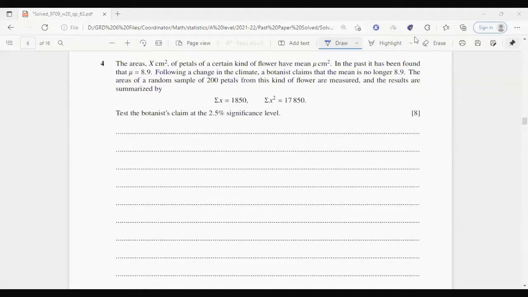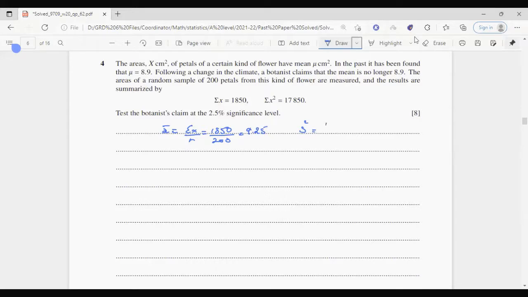So let's see in this, what is the data that is missing. To test, we need a test stat, which is x bar, and we also need a variance, that is s squared. As the sample is given, we need to find out the estimated population variance. So sample mean will be sigma x by n, which is 1850 over 200, which is 9.25.